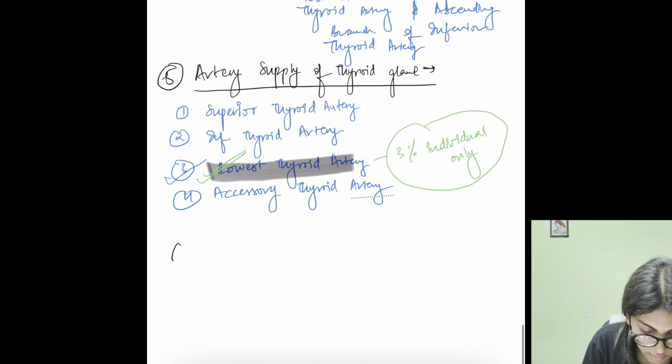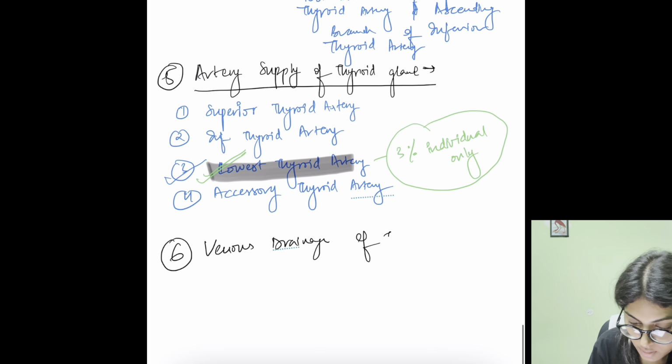And sixth heading, we will talk about the venous drainage of the thyroid gland.